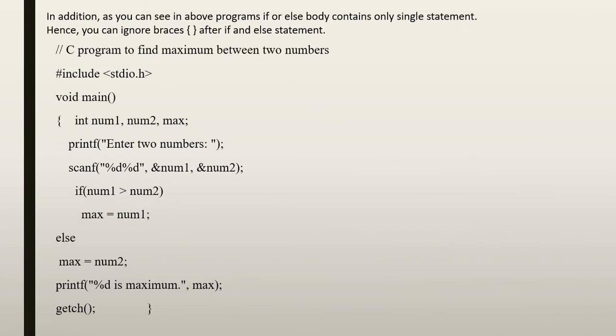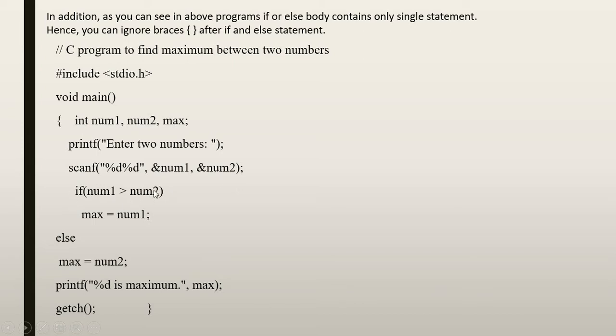Next part, now over here the same program we are doing, but we are following a different type of selection, that is decision control. Now over here we are using a maximum variable through which we are finding the largest value. So over here three variables get introduced, number 1 and number 2, input numbers.